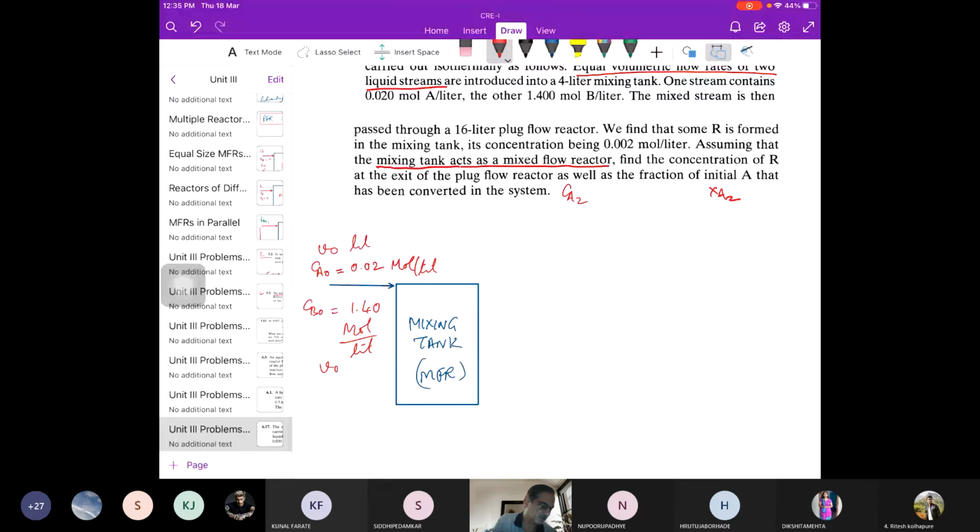So many liters per, you can take anything, per minute, liters per minute. Equal volumetric flow rates of A and B liquid streams. One is 0.02 moles of A per liter, and Cb naught is 1.4 moles per liter. So I'll call this Ca naught prime, and this also I'll call Cb naught prime. Okay, so there's another stream which is B.